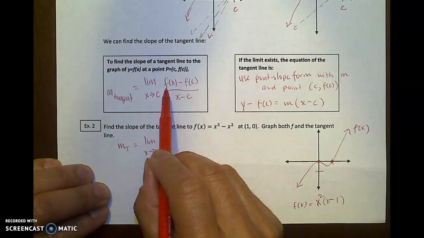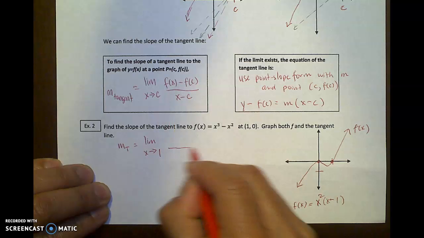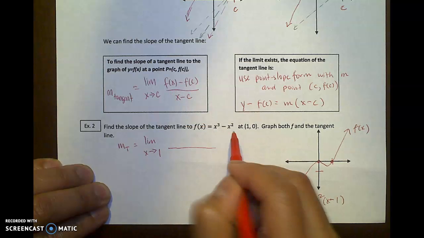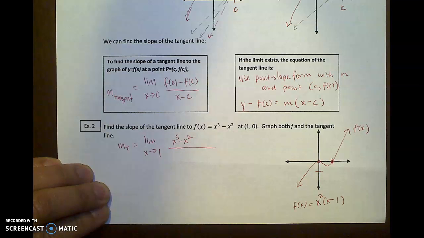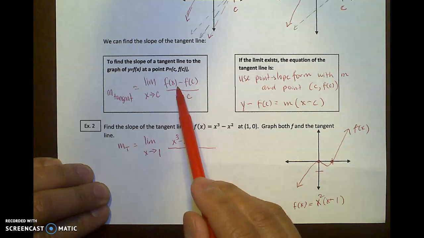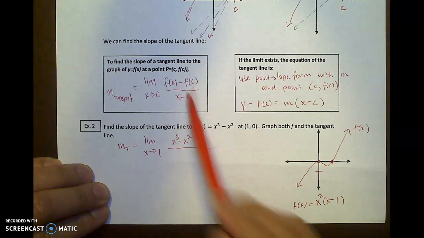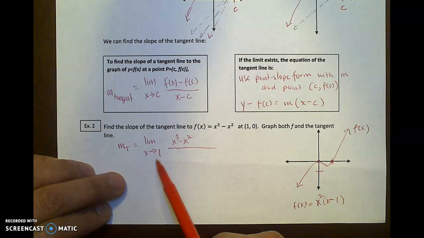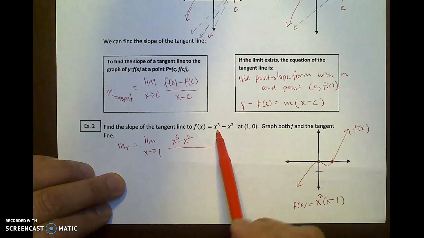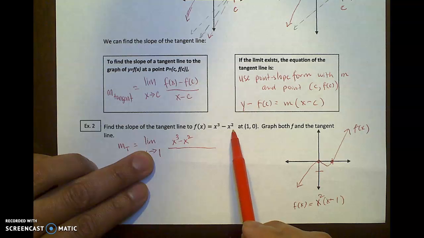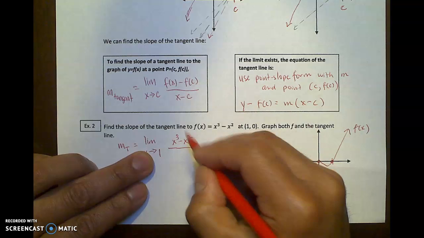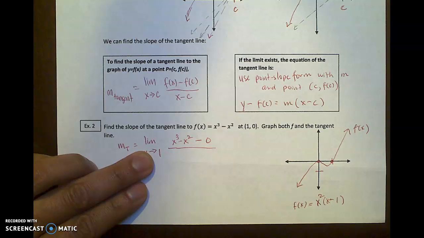Now it's f of x minus f of c up top. f of x is the function. Minus f of c: we take this function and plug in our c value, so 1 cubed minus 1 squared, which is 0. That's where this minus 0 is coming from.